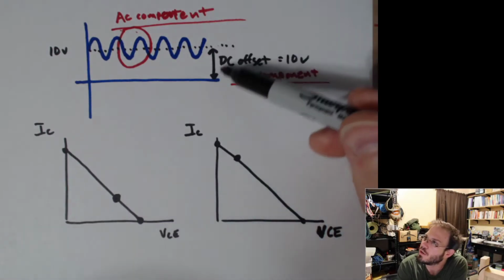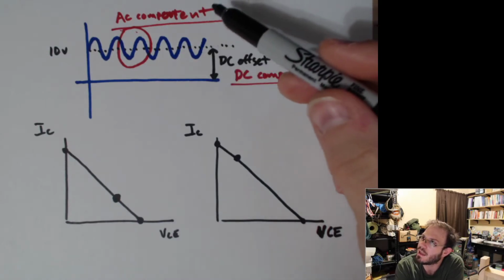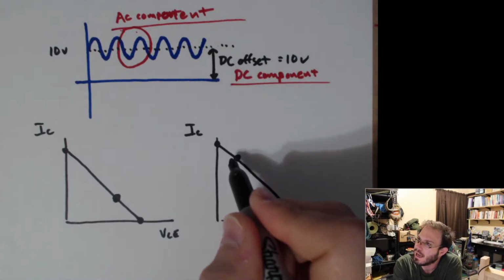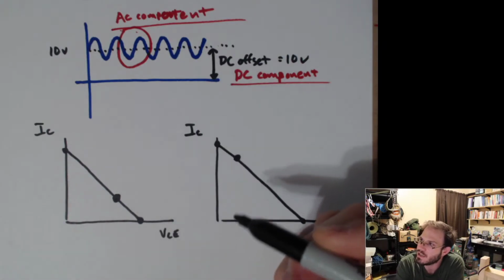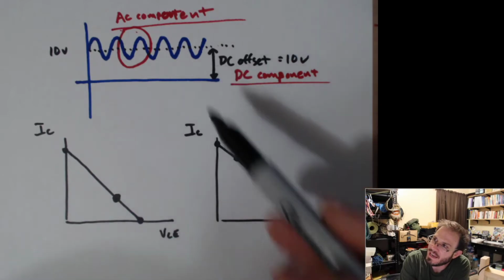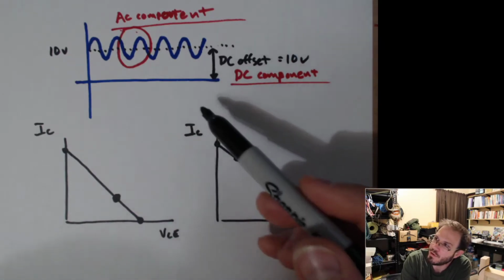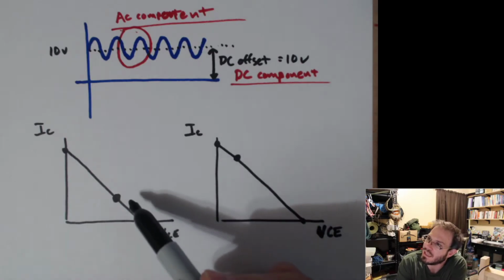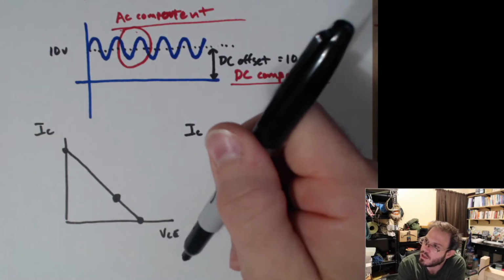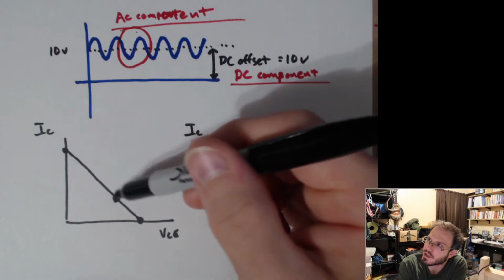So with too large of a DC offset, how do you expect to get any larger than saturation? You can't. We're limited in how much we can move this Q point in this direction. Similarly, we're limited on how much we can move the Q point in this direction.